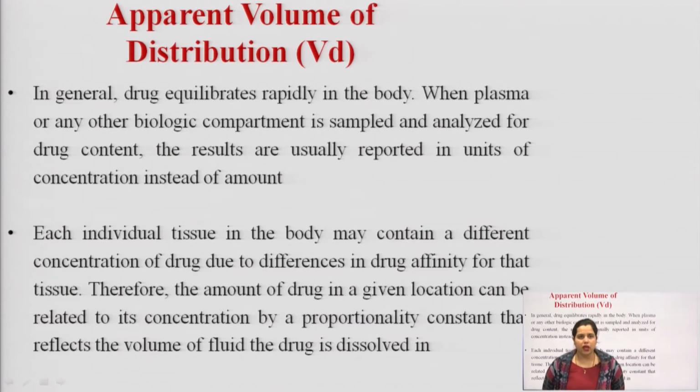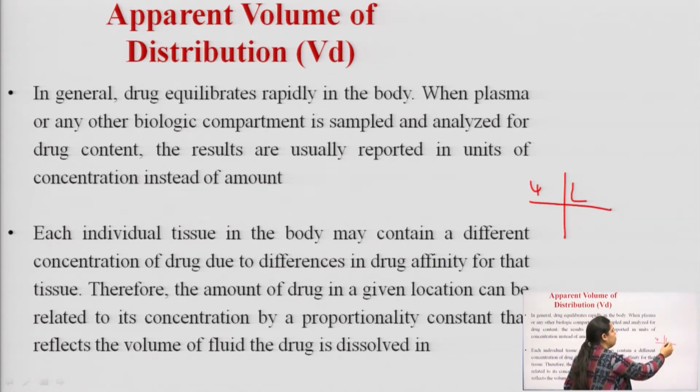You have seen in my earlier sessions that we have highly perfused, less perfused and very low perfused areas or organs, and fat tissues. Based on these characteristics, the organ or body part has its own characteristics to bind with the drug.